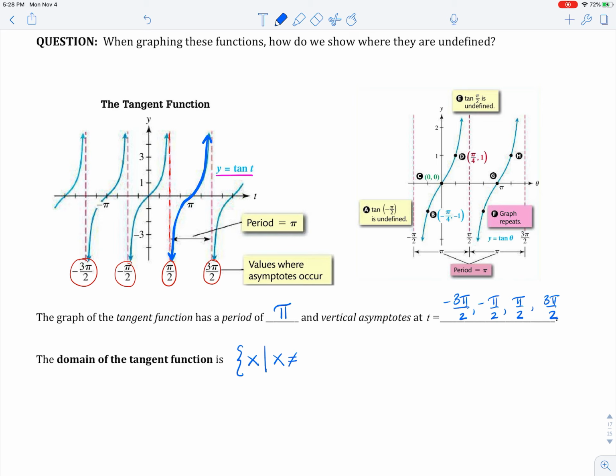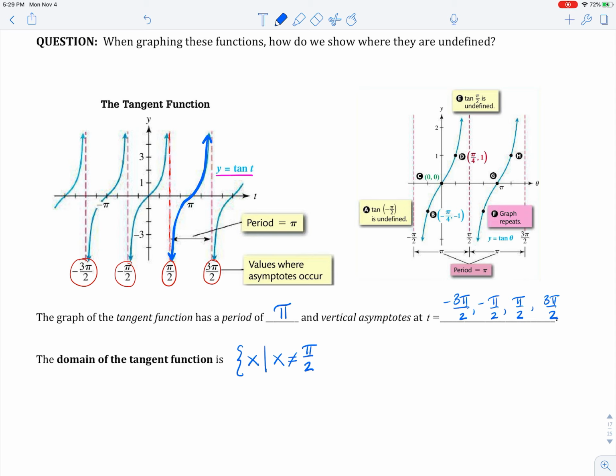So when we have a domain like this, a restricted domain, we always write it in terms of the vertical asymptotes, if there are any, and we start with the smallest possible x value, which is pi over 2 for the vertical asymptotes. So that's the smallest positive x value where there's a vertical asymptote.